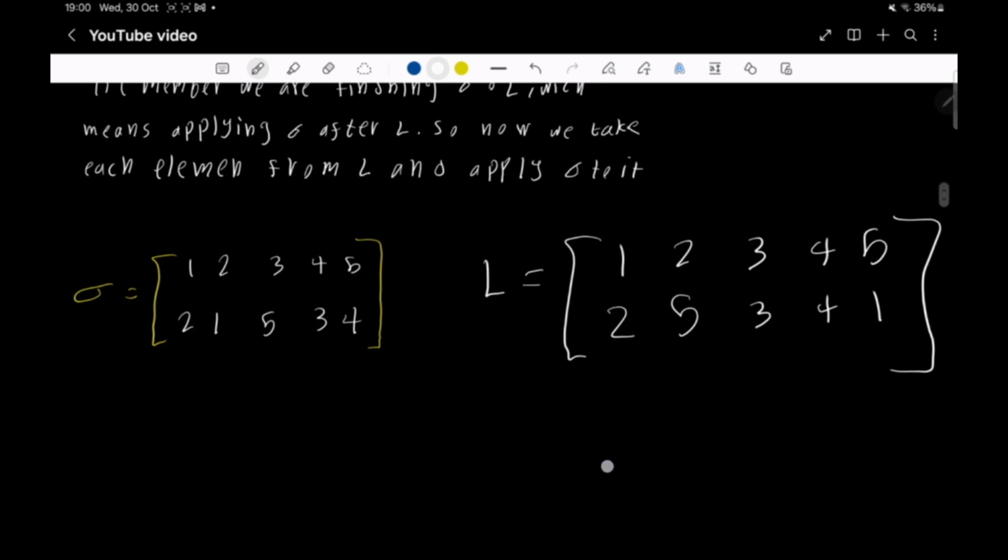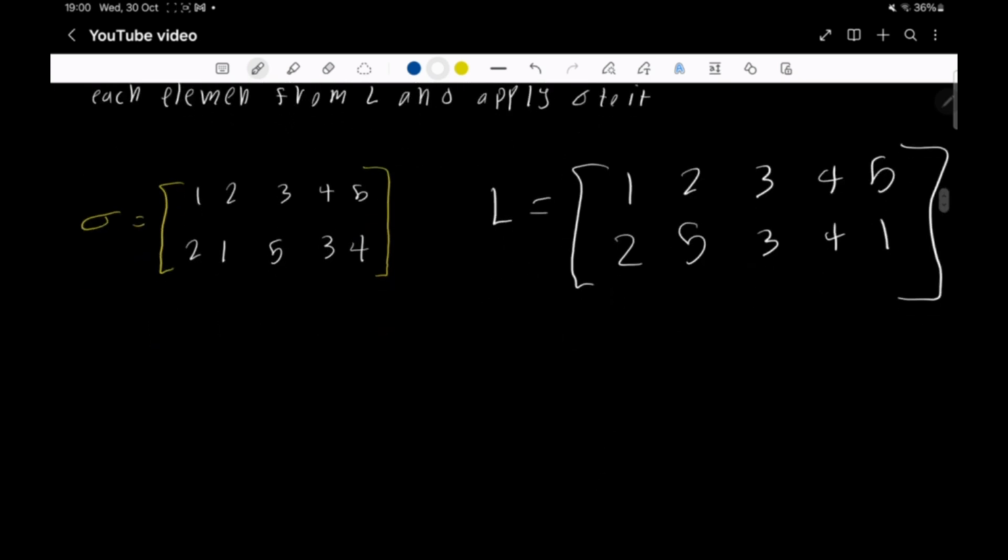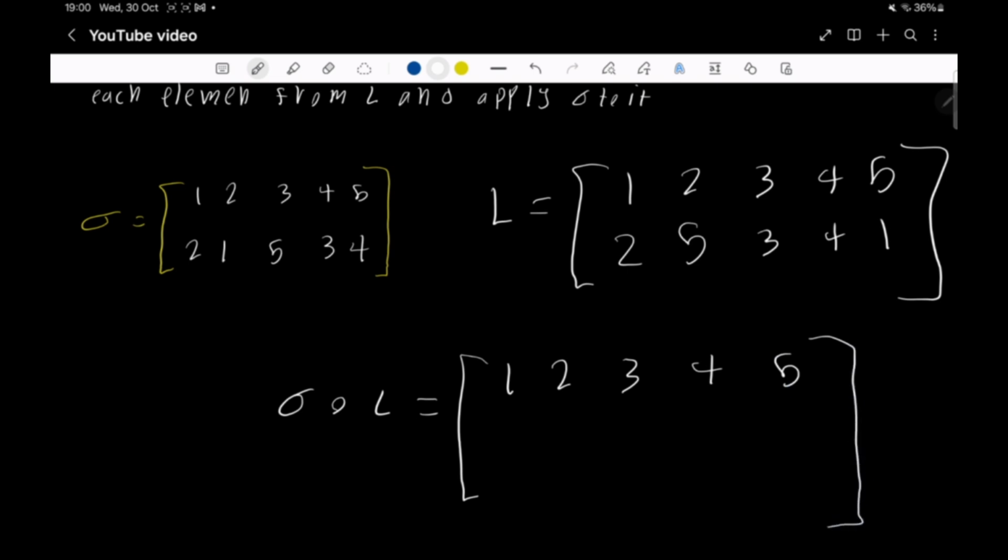Okay, now we have to calculate sigma composite L. Before we start, we also write 1 2 3 4 5. Here we need to remember that we are finding sigma composite L, which means applying sigma after L. So now we take each element from L and apply it to sigma.